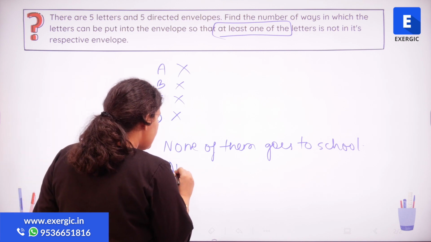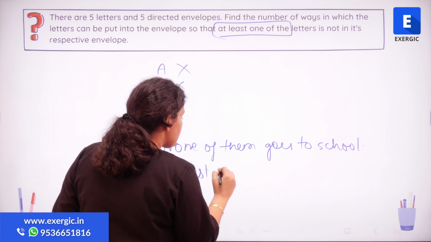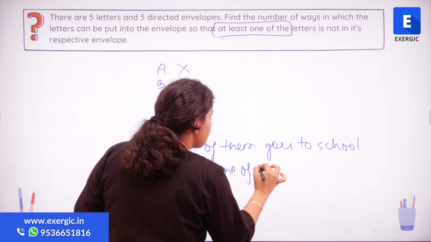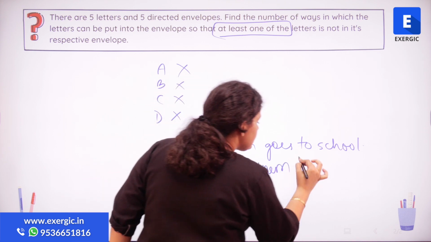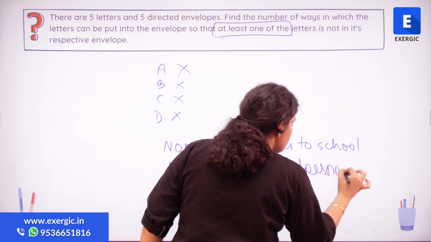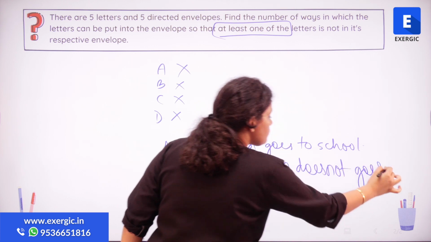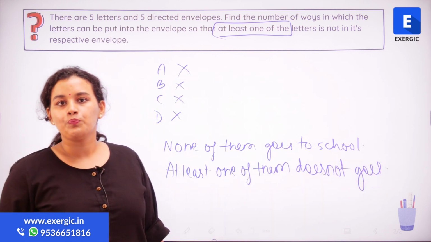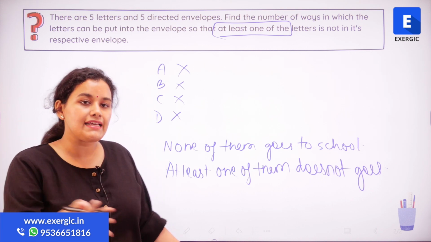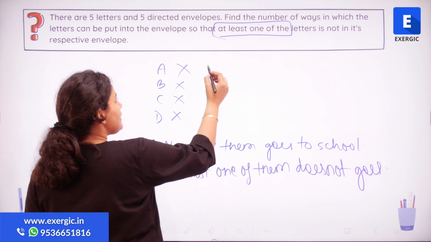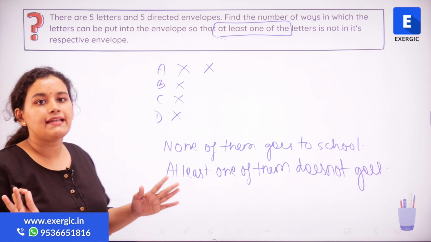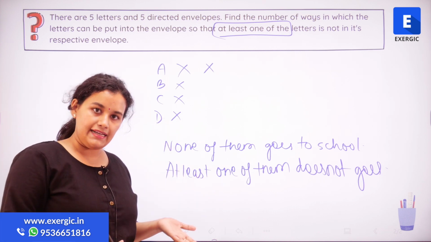However, if I say at least one of them does not go to school, what does this mean? Think about the situations. It is possible that A does not go, but B, C and D will go.